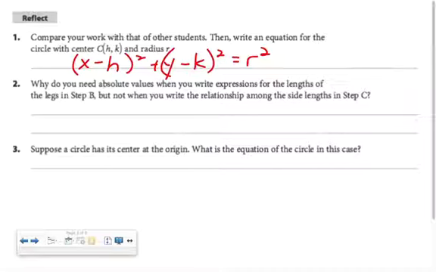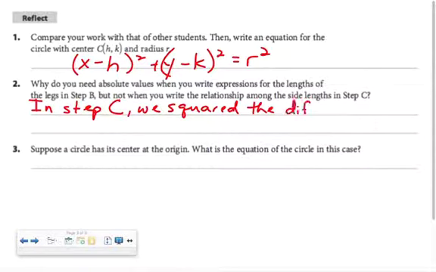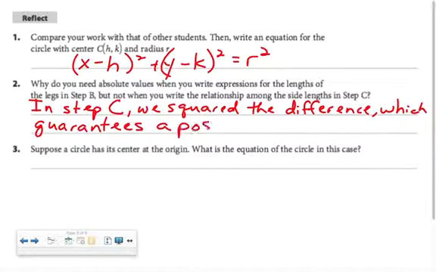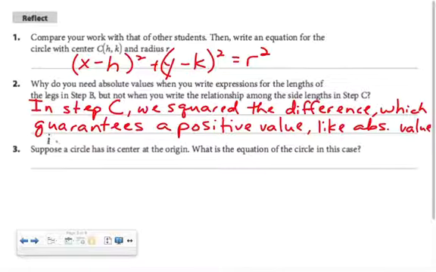In step C, we squared the difference, which guarantees a positive value, like absolute value, step B does.